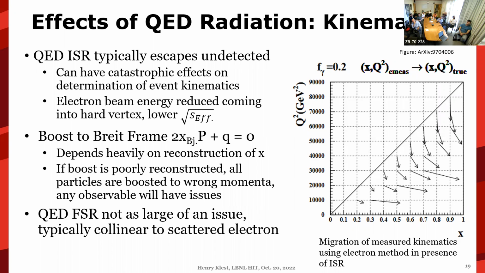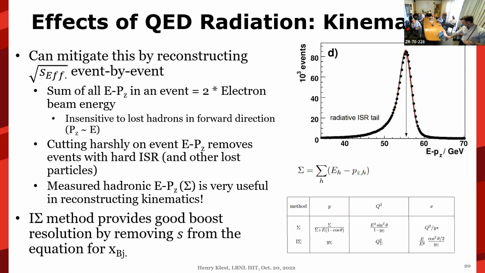You can do that by effectively measuring the effective root S of a collision event by event, by exploiting the fact that longitudinal momentum in an event should be conserved.